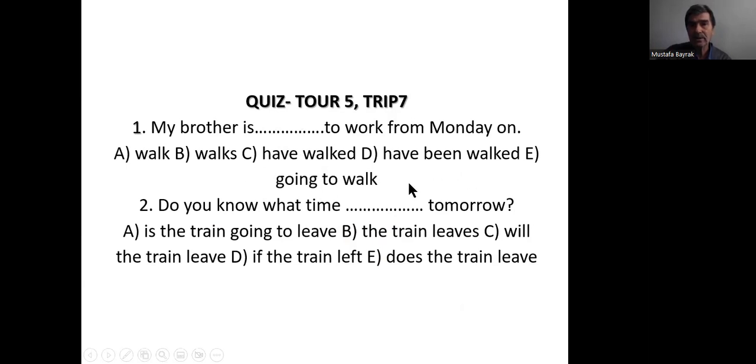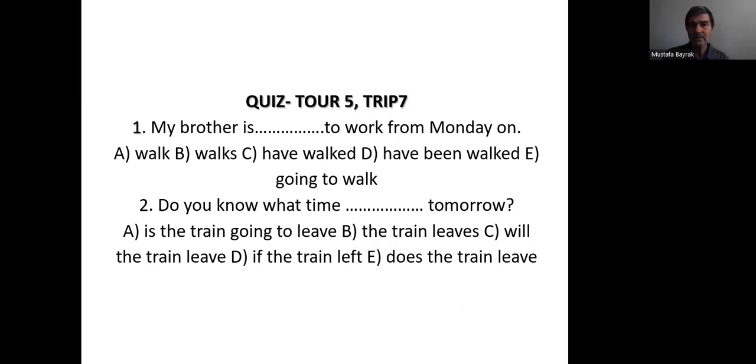Is going to work? Yes, this is true. Sorry. My brother is going to walk to work from Monday on.